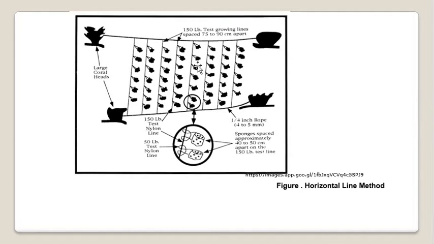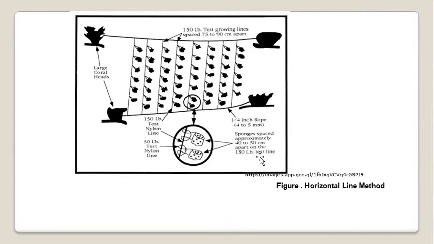Right, here is something given, 1/4 inch rope is there. This one, 4 to 5 mm in diameter rope is there, and then 150 lb test nylon line is drawn, or stretched, from one horizontal rope to another horizontal rope.